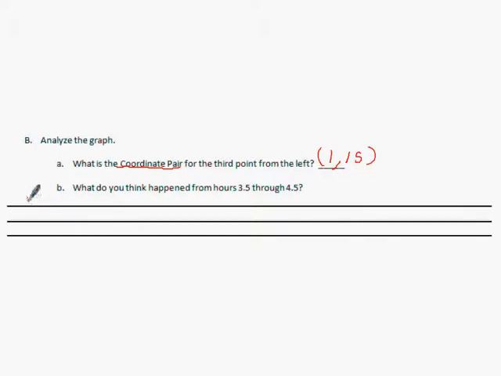So I'm just going to say maybe they stopped for lunch. You can come up with whatever reason you would like, but something has to say that they stopped. Alright, that's pretty simple.